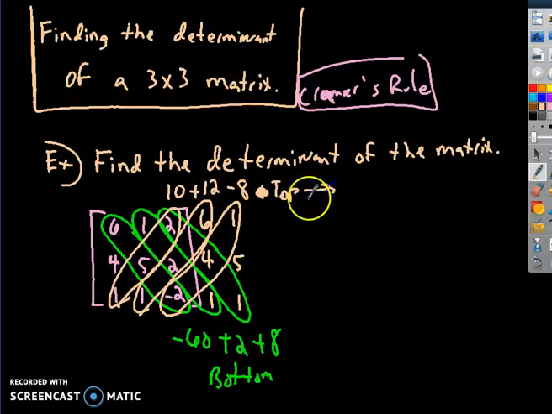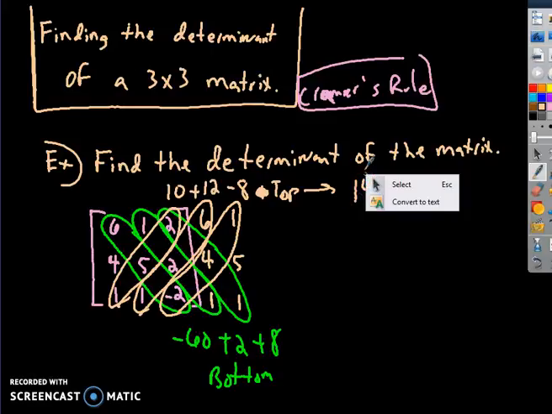So this is 10, 22, subtract 8, it's 14. The bottom should be, this is negative 60 plus 10, so it's negative 50.